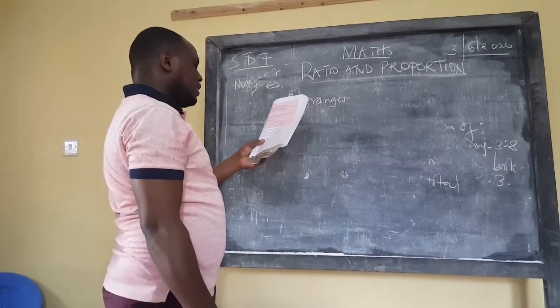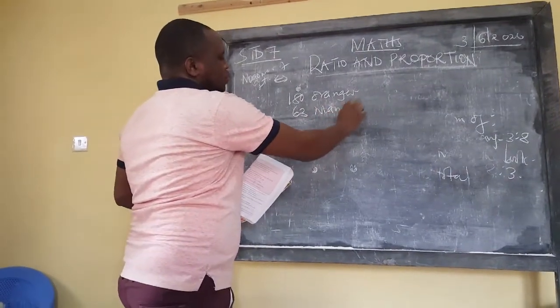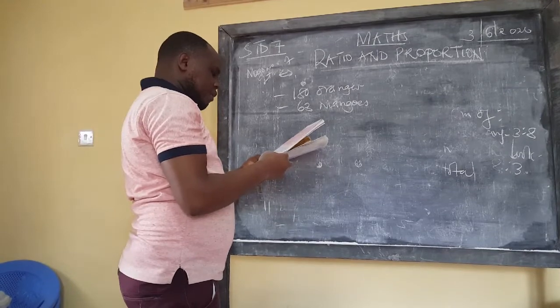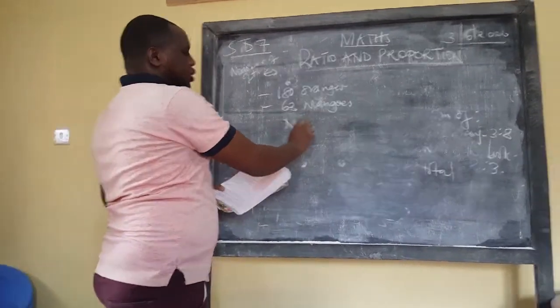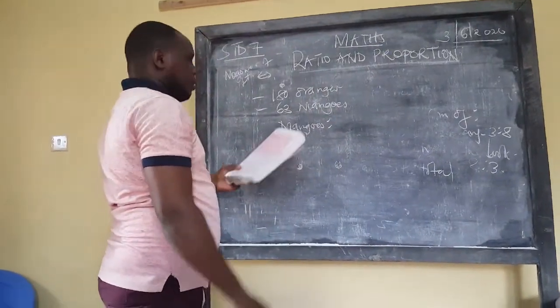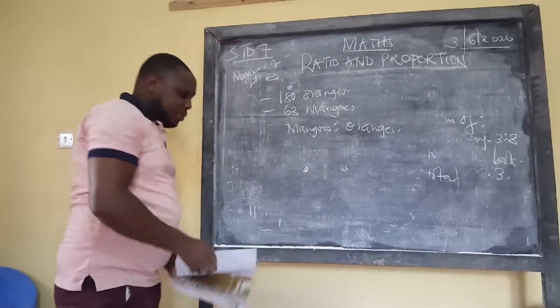If you write these small statements, you exactly simplify that particular word question. Find the ratio of the number of mangoes to the number of oranges. So you begin with mangoes. Very, very easy. That one simplifies everything.